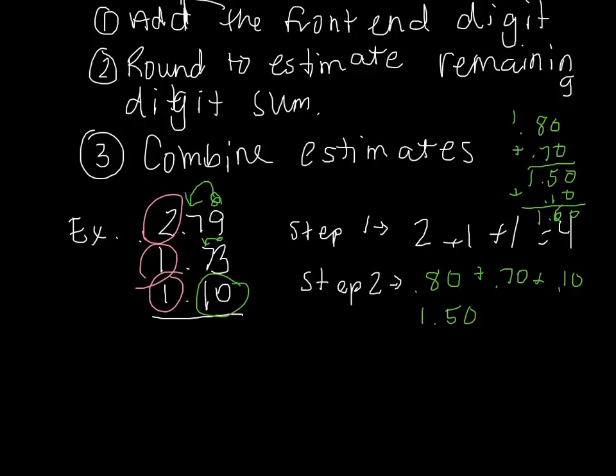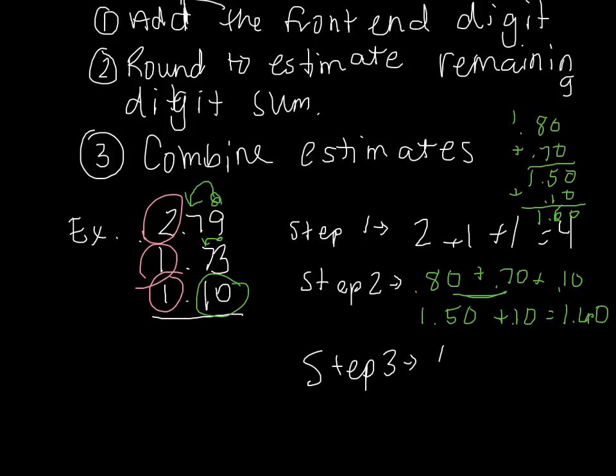Okay, so then on my final step 3, 1 and 50 hundredths was these two, but then I need to add in my 10 hundredths, so I get 1 and 60 hundredths. Ooh, don't want to forget that. Okay, so my step 3 is as follows.